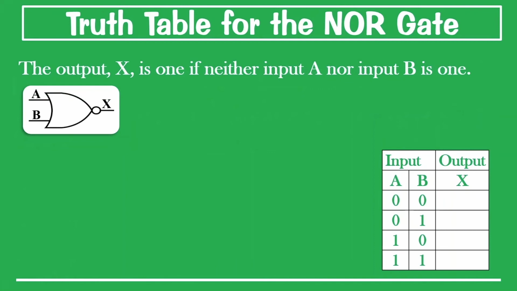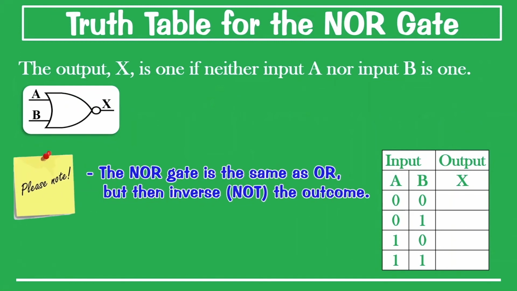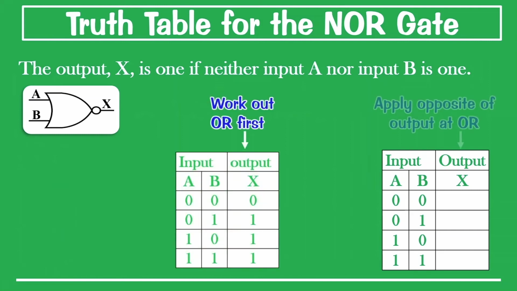Viewers, the next one is the NOR gate. NOR is the same as OR, but then inverse, which is not the outcome. So perform OR first, then apply the NOT to the output.